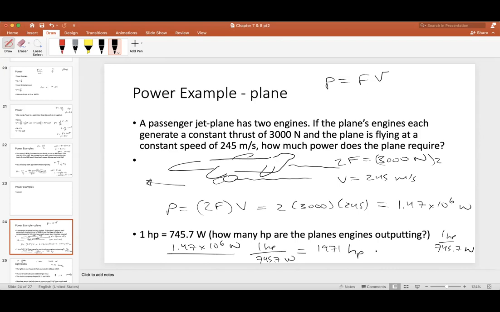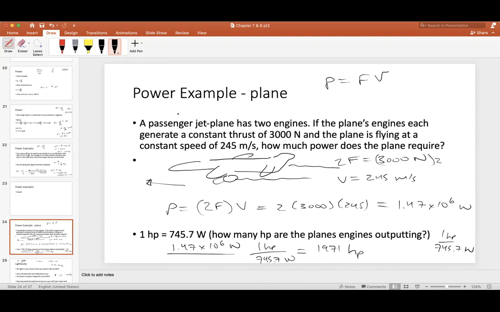Your car could have 40 horsepower. Your car could have 200 horsepower. You can look at the horsepower of your car and figure out, let's say at 30 miles per hour, which we already figured out was about 14 meters per second.